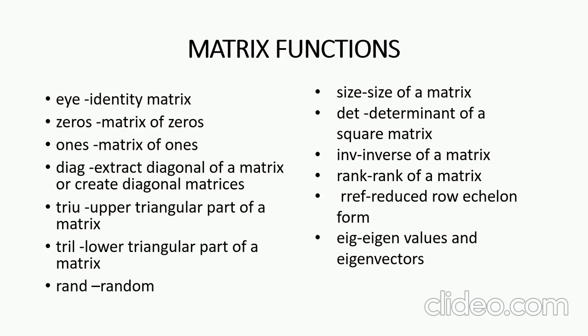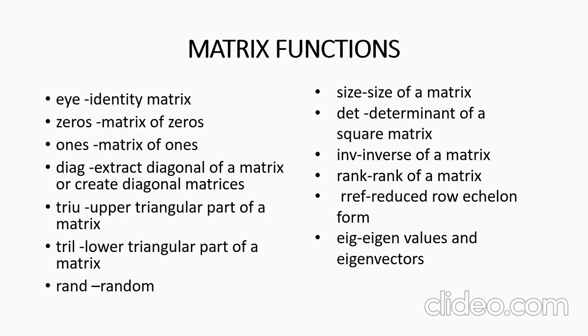When coming to matrix functions, we perform various types of operations on a matrix, like calculating the inverse, rank, determinant, and eigenvalues. Theoretically we normally perform the determinant and such things by hand. How do we perform those in MATLAB with a single line of instruction?